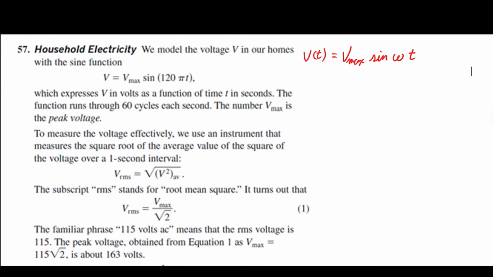Now, how can we figure out the relationship between these things? Do we know the period? Okay, it's 1/60th of a second, but suppose you don't know that. Do we at least know this is 60 Hertz? Yes, it tells you 60 cycles each second.